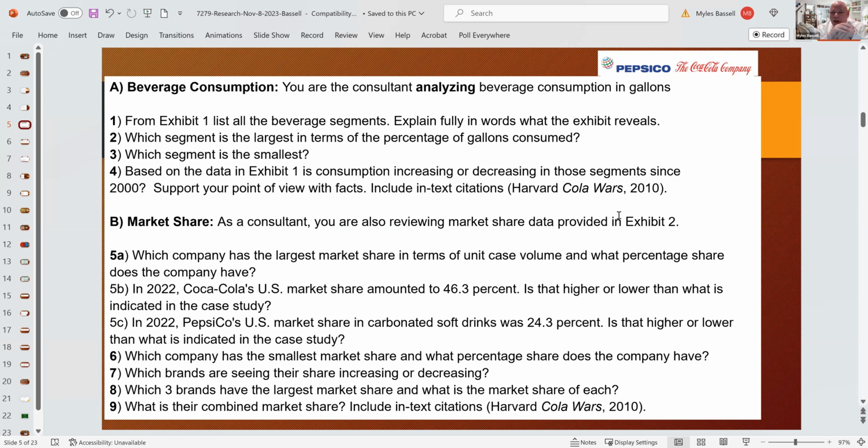Which company has the largest market share in terms of the unit case volume, and what percentage share does the company have? So the first part of that is, what company has the largest market share? And then what percentage is that? What percentage market share does that company have?